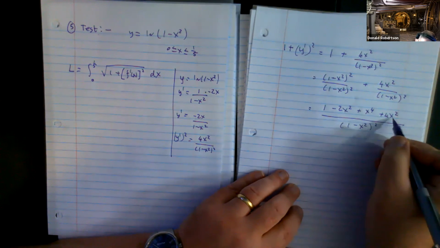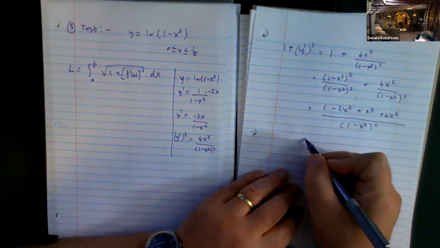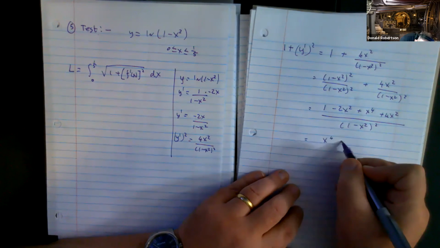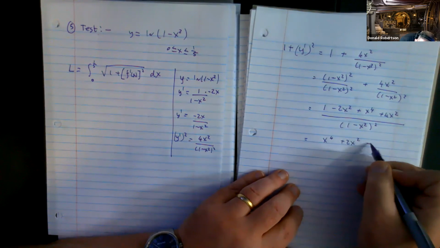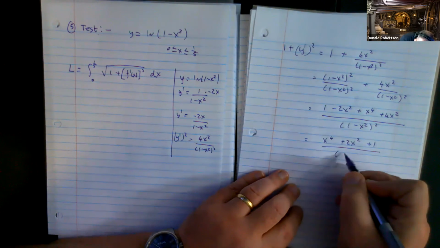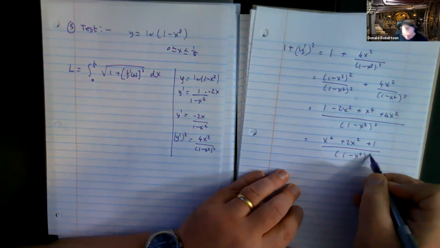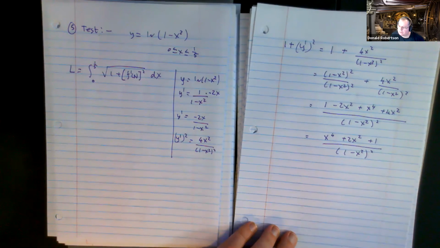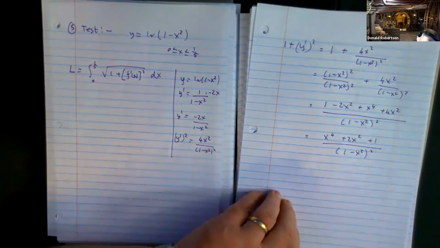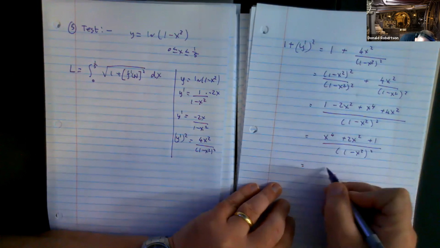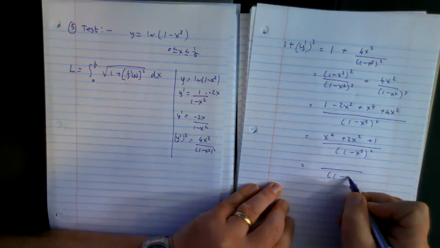Combining those guys and rewriting it in a slightly different order from biggest to smallest. We get that? We good? Yep. Now, do you recognize that that top guy is a perfect square? Mm-hmm.